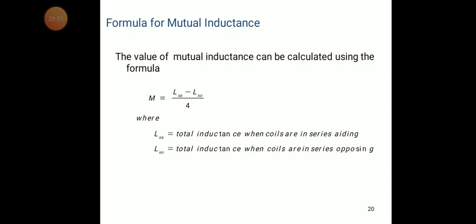That is plus 2M minus minus 2M, which is 4M. The 4 cancels, and that is nothing but the mutual inductance M. If you know the series aiding value and series opposing value, you can find the mutual inductance. This is another indirect formula to calculate the mutual inductance.